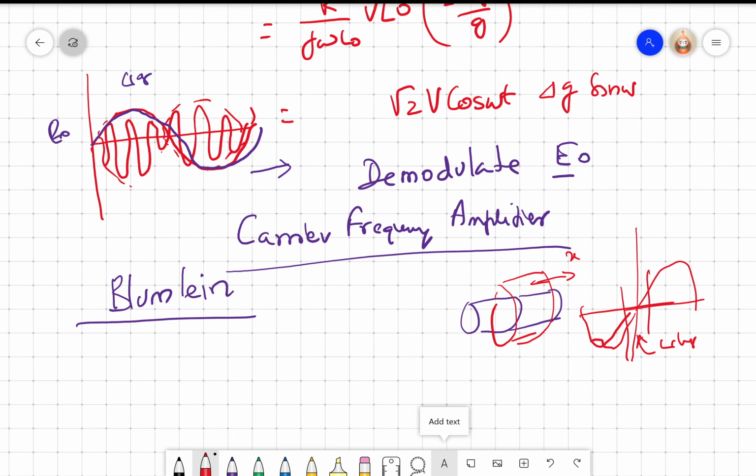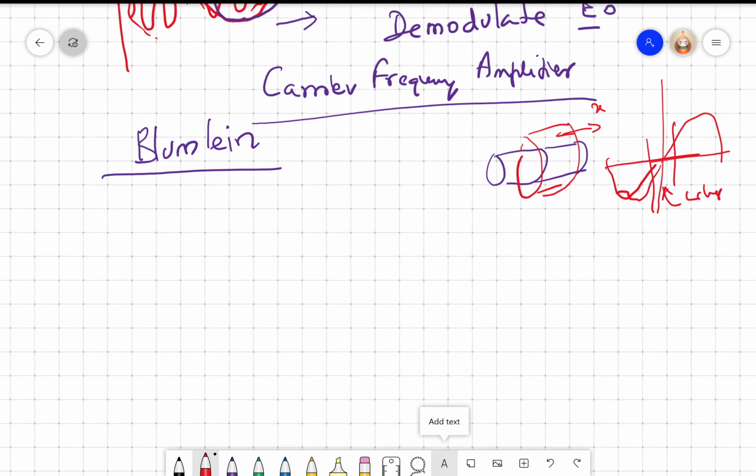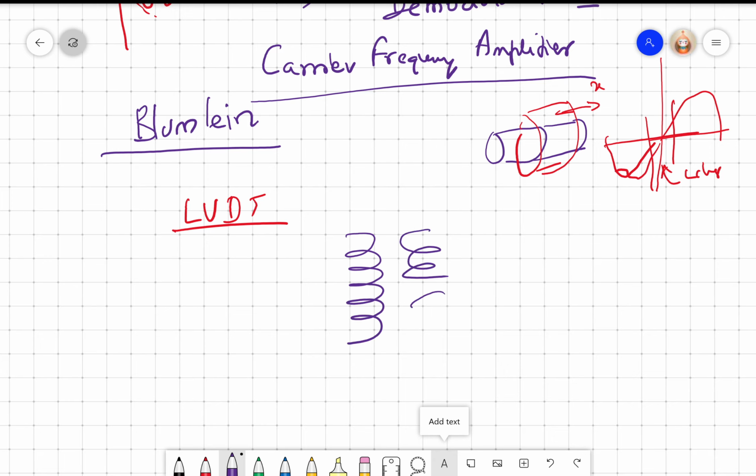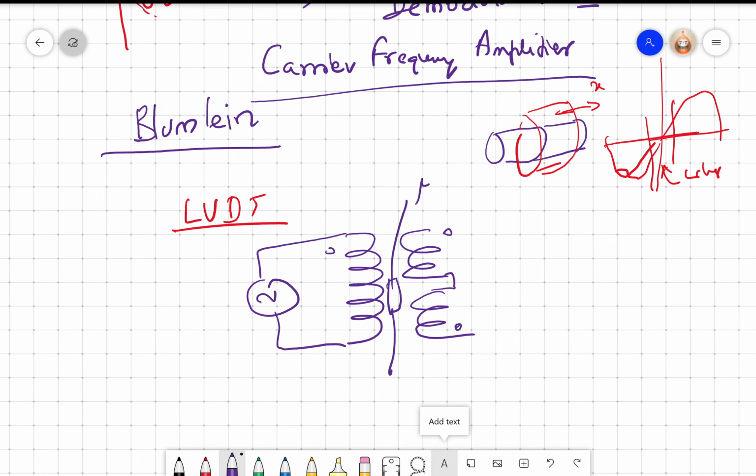And the next that we saw is the LVDT, linear variable differential transformer. So we have one primary and two secondaries. The dot points are like this, and we excite it and put a plunger here, normally a high permeability plunger with relative permeability mu r.